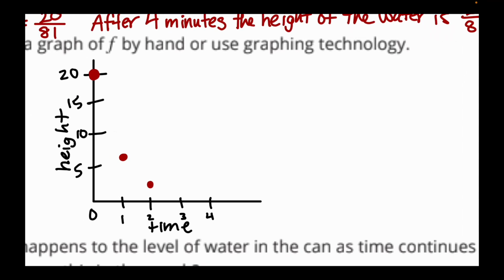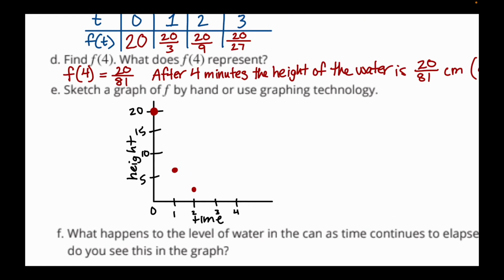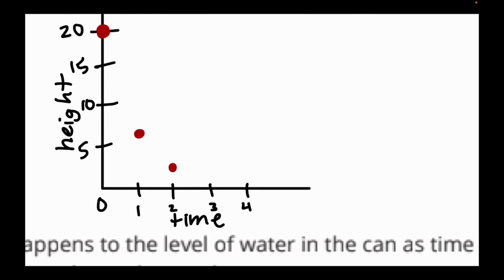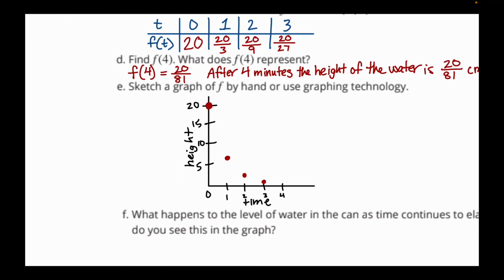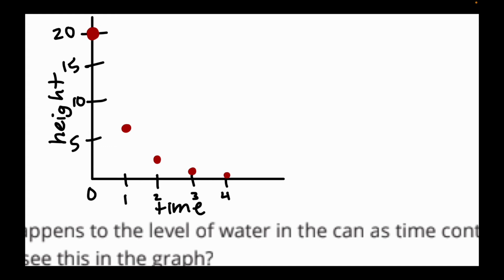And then for our time at 3, 20 over 27 is going to be less than 1. So it's going to be pretty close to our axis here. And if we wanted to even include 4, this is pretty close to 0.25. So we're going to have it almost even touching our axis, but the center of it won't be.